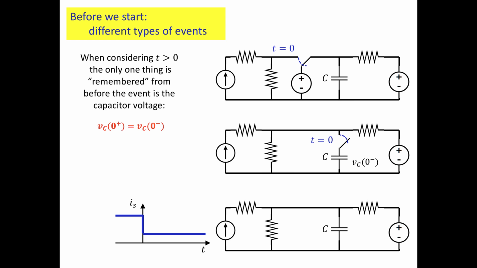A key thing that we're going to use to do this is the realization that the capacitor can relate what the situation is before the event to what the situation is after the event. The capacitor has memory, and that's really crucial here when we're going to analyze these types of circuits. If this were a circuit with an inductor, it would be the inductor current that remembers and basically relates what's happening before the event to what's happening after the event.